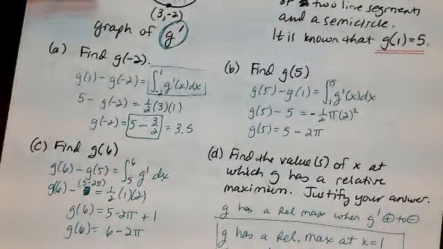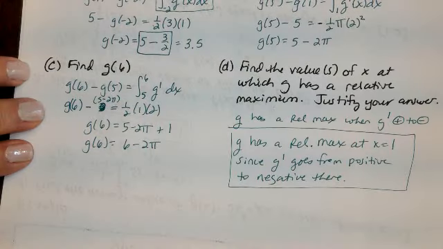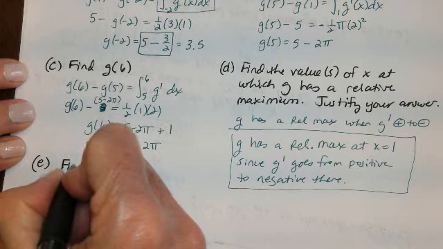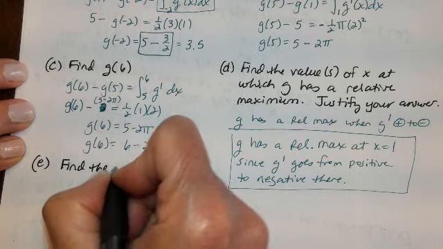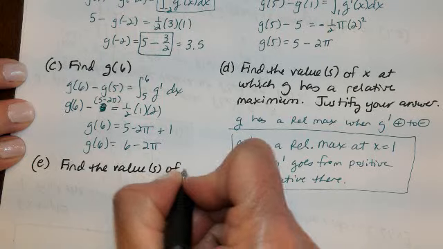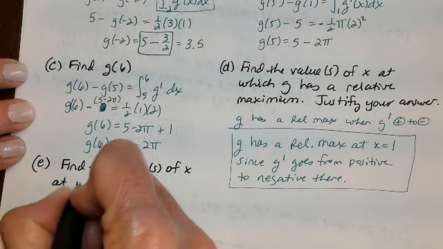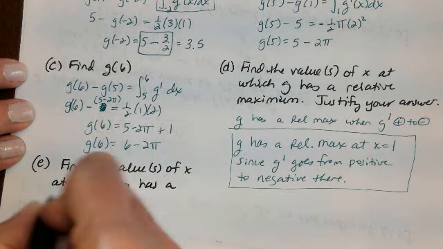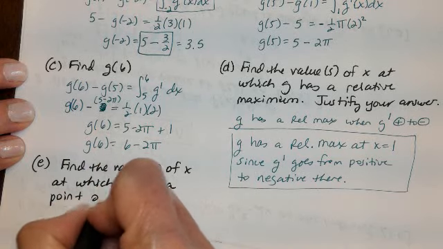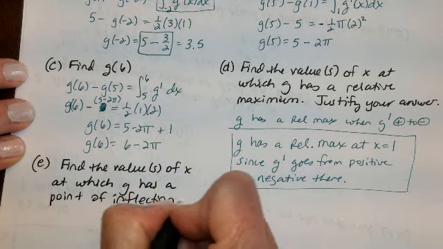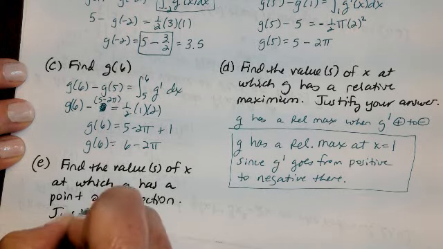Okay? All right, part E. Got lots of parts to this problem. Find the value or values of x at which G has a point of inflection. And again, we're going to justify.